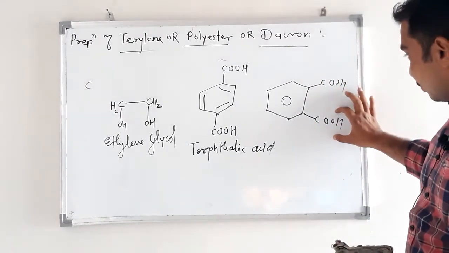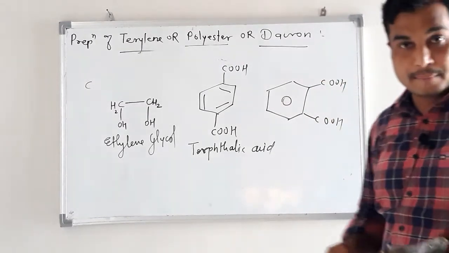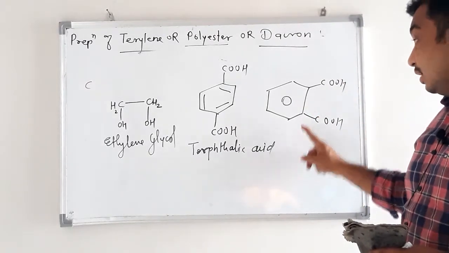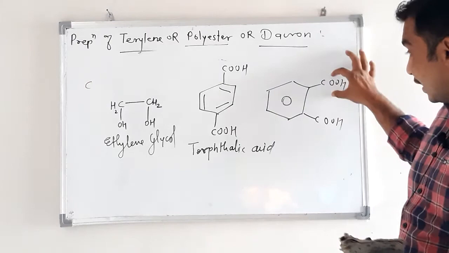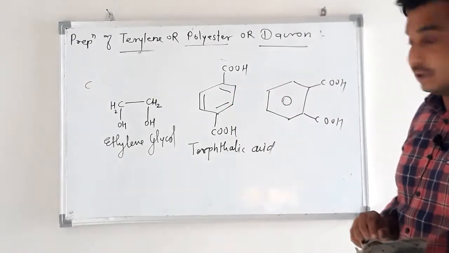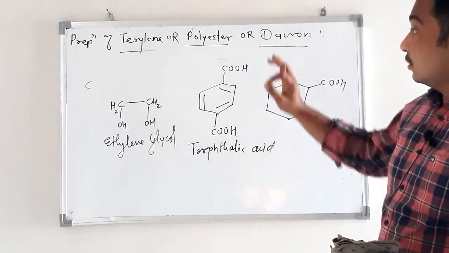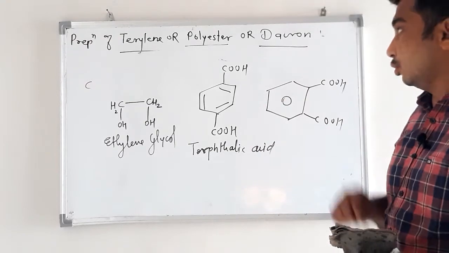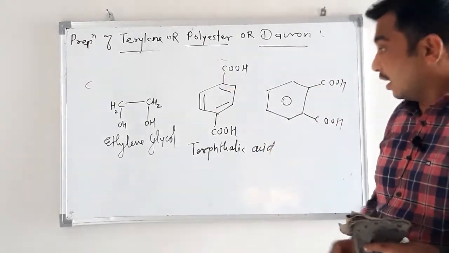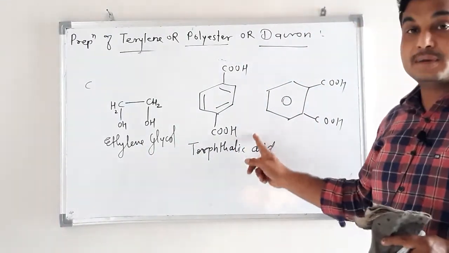These two carboxyl groups are attached at ortho position, ortho to each other, 1 2 position, that is called phthalic acid. And if we change the position of the carboxyl groups, if they are at 1 4 position, para position, then that is called terephthalic acid. Okay. So the monomers used in the preparation of polyester or terylene are ethylene glycol and terephthalic acid.